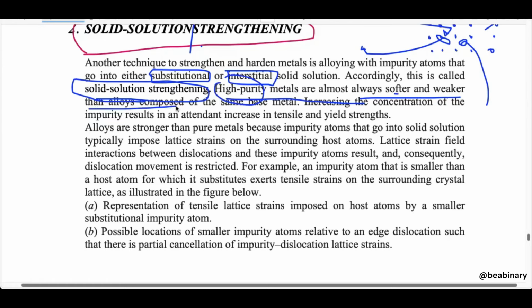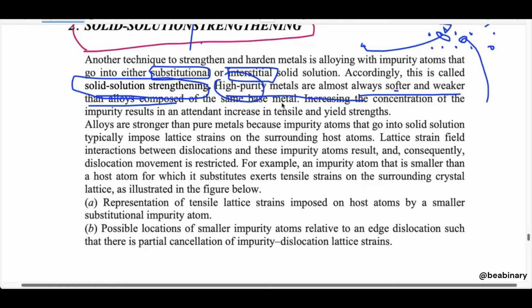Impurities means atoms that you are providing which are not of the family that the parent material is made up of. So basically they are known as alloys. If we talk about a pure metal, it is always softer and weaker as compared to an alloy of the same base metal.